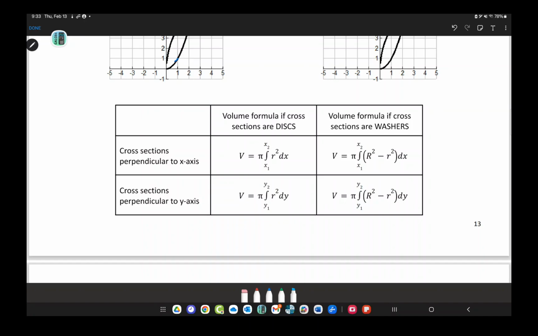The bounds give us our width. So if I have it in terms of x, then it's the first function. If I have it in terms of y, so again, if I am rotating around a horizontal line, then a vertical line.